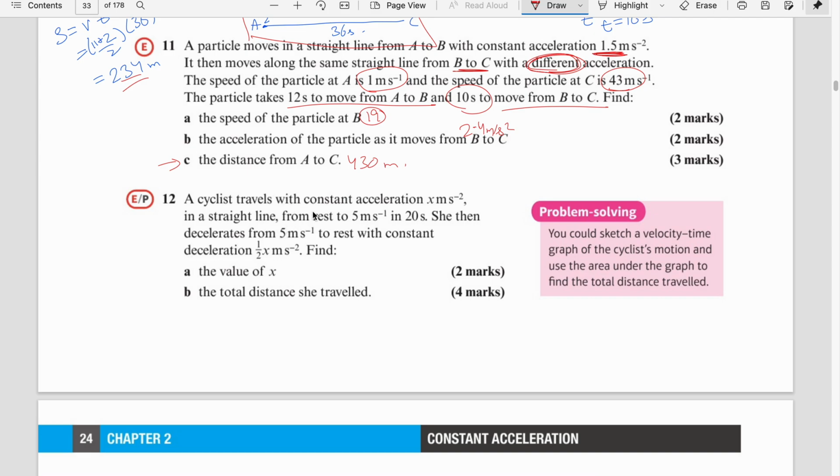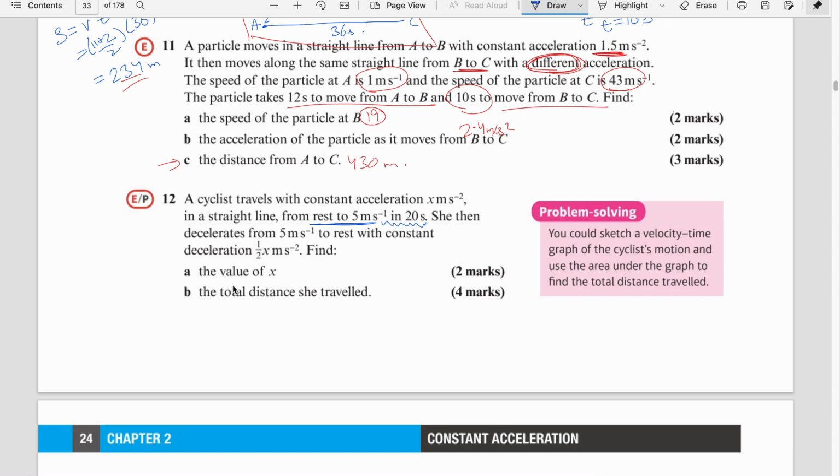A cyclist traveling with constant acceleration x meter per second square in a straight line from rest to 5 meters per second in 20 seconds. She then decelerates from 5 meters per second to rest with constant deceleration 1 by 2x meters per second square.